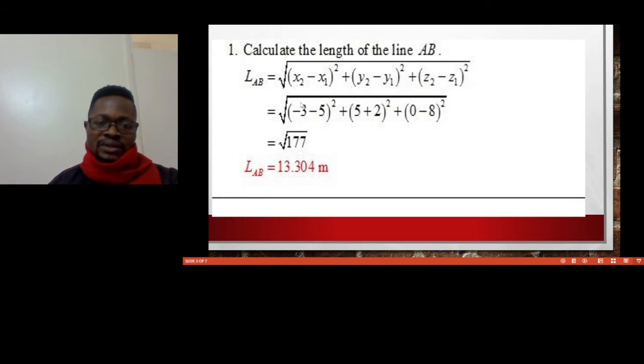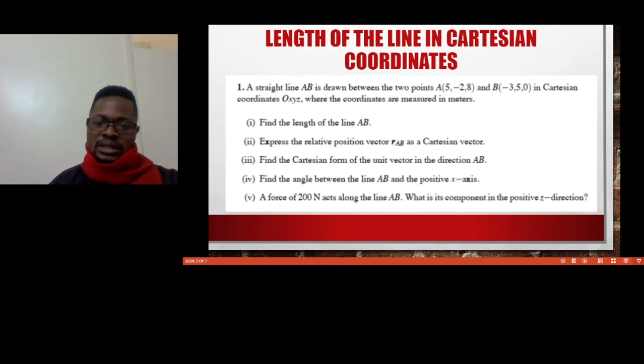So it will be -3 and then -5. -3 is our x2 as it indicated, and 5 is our x1. 5 is our y2, -2 is our y1, 0 is our z2, and 8 is our z1.